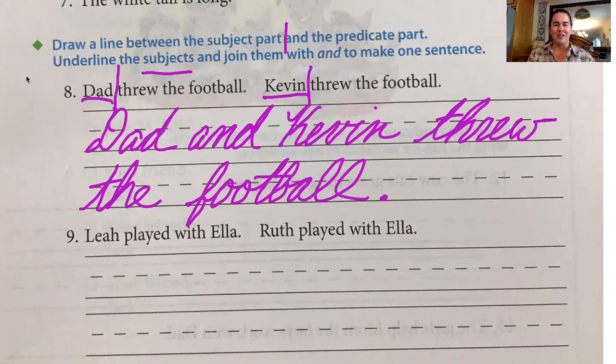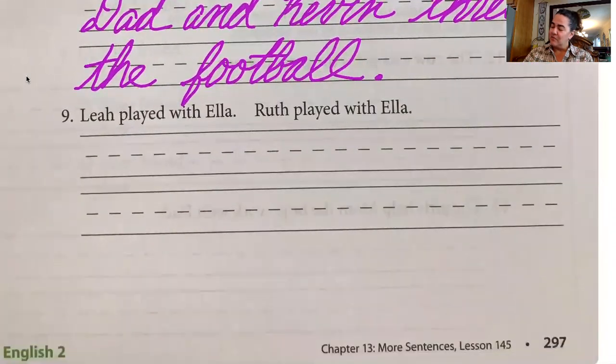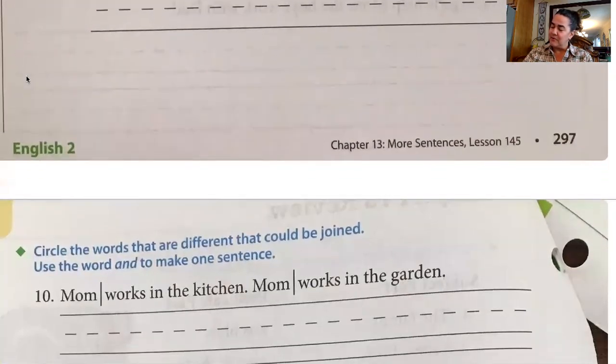Excellent job, second graders. Number 9, I'm going to let you do on your own. Let's go ahead and move on to the next side of the paper.